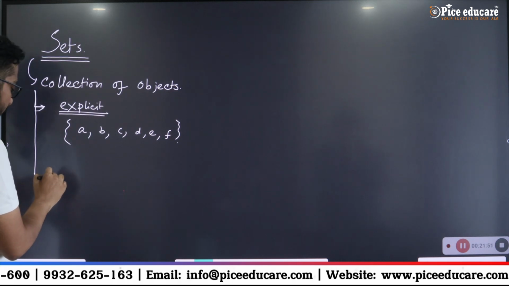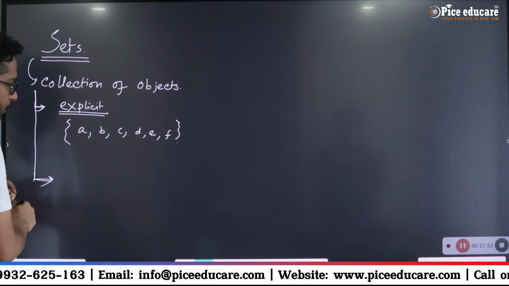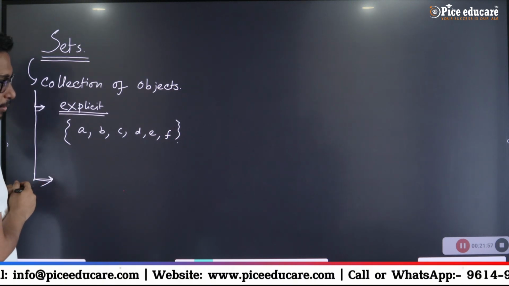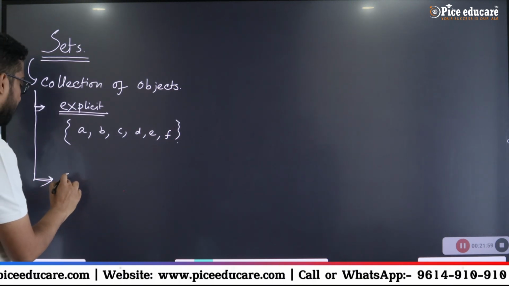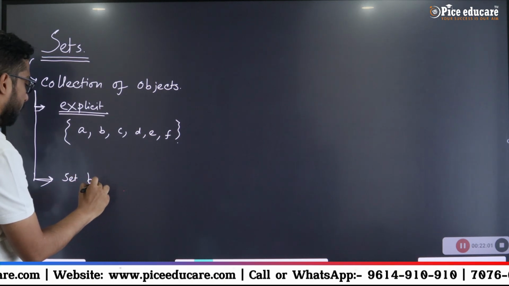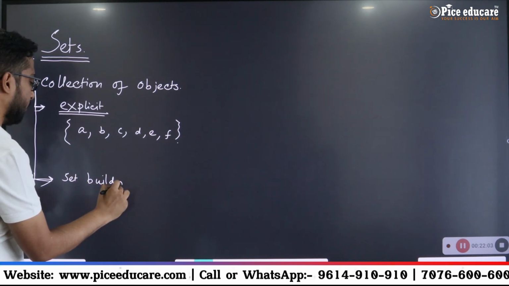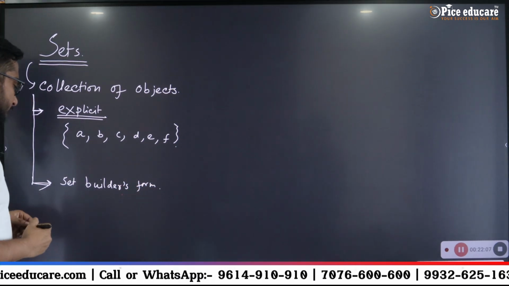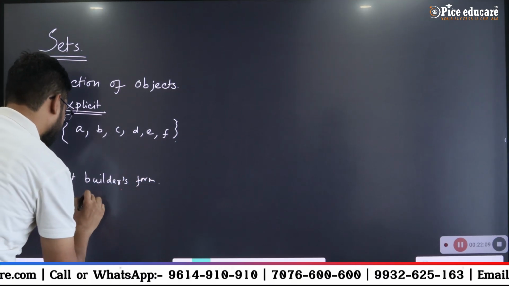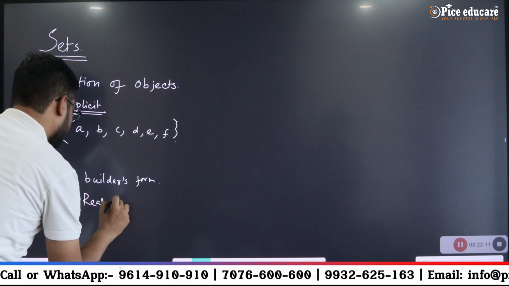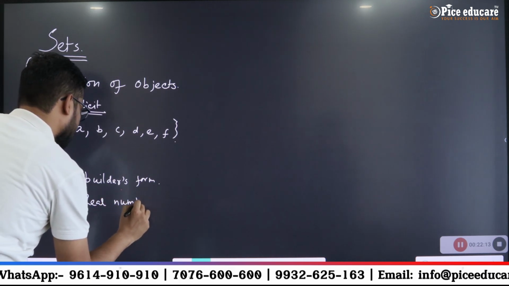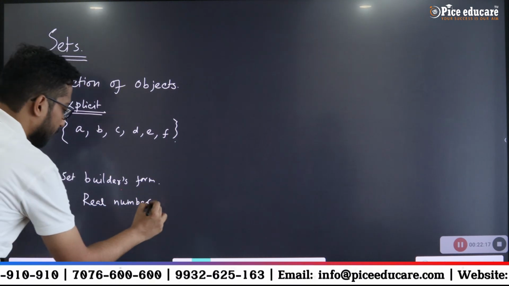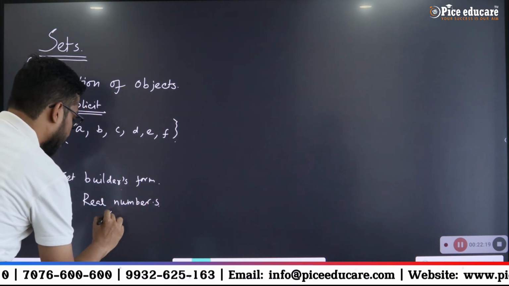Sometimes, if the set is quite large and we can't list all the elements one by one, then we use a shortcut that is known as set builder form. So for example, I am talking about real numbers such that they are within this range.